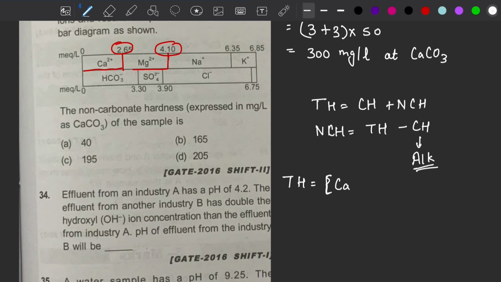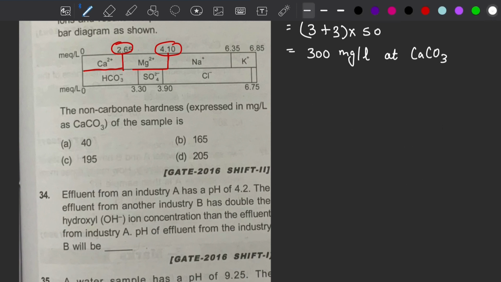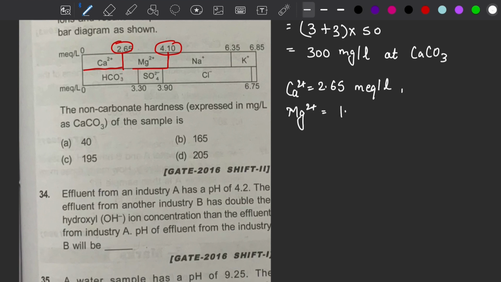I'll write whatever is given here first and then we will do the question. For calcium Ca2+, they have given 2.65 milliequivalent per liter, and for magnesium 4.10 minus 2.65 is 1.45 milliequivalent per liter.